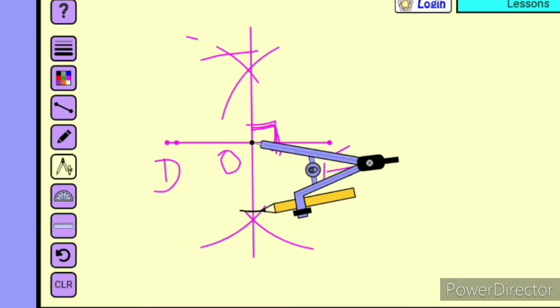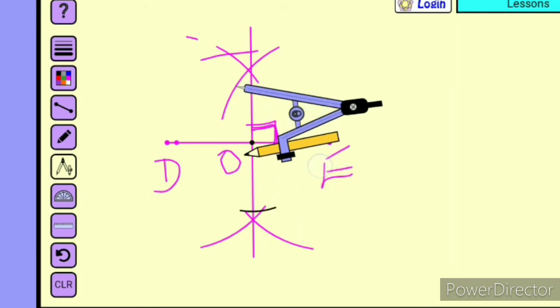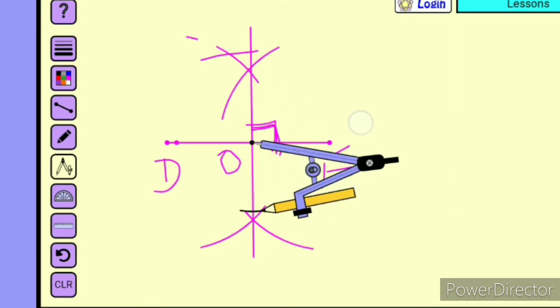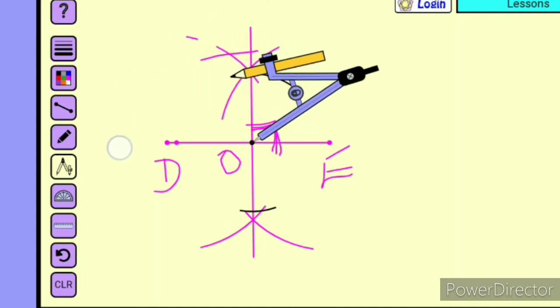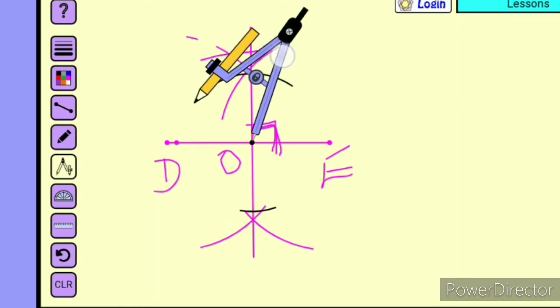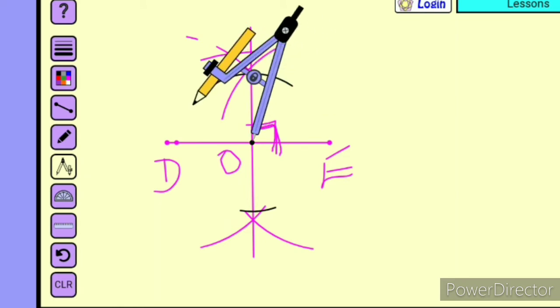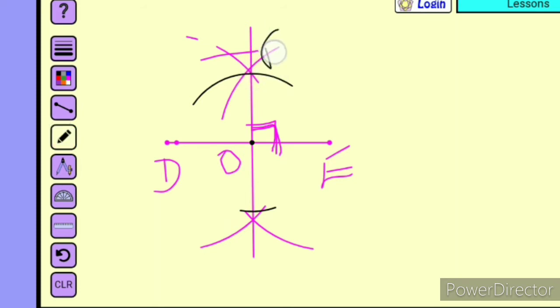Similarly, above the line. Where it cuts the arc on the perpendicular line, we should name as BN. So here it is B and it is N.